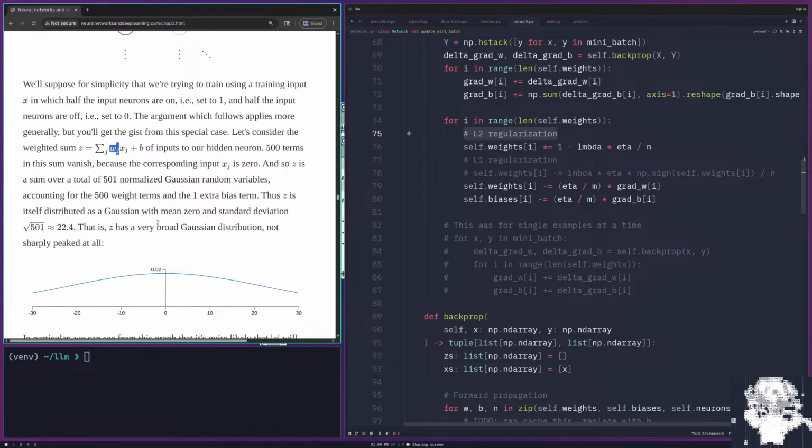Each Gaussian has a mean 0 and a standard deviation 1. And so the sum ends up with a mean 0 and a standard deviation 22.4.